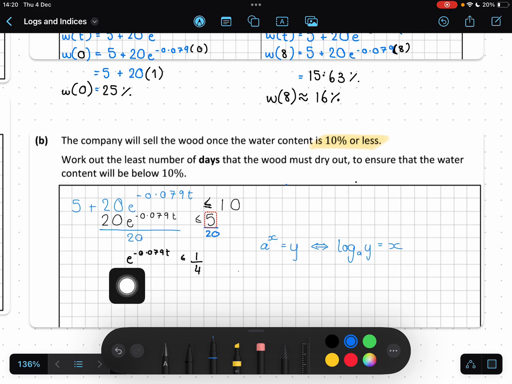Now I am trying to get t on a side by itself. This is the part that's new to us if we're using an inequality. I can't be moving the side that t is on, otherwise I have to switch the inequality around. Every time we've done inequalities, we've kept x on the same side.